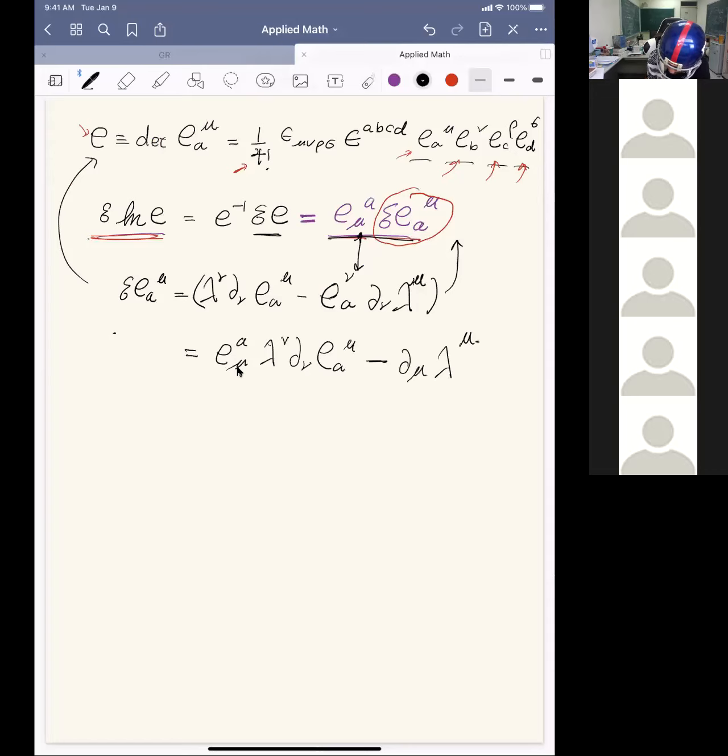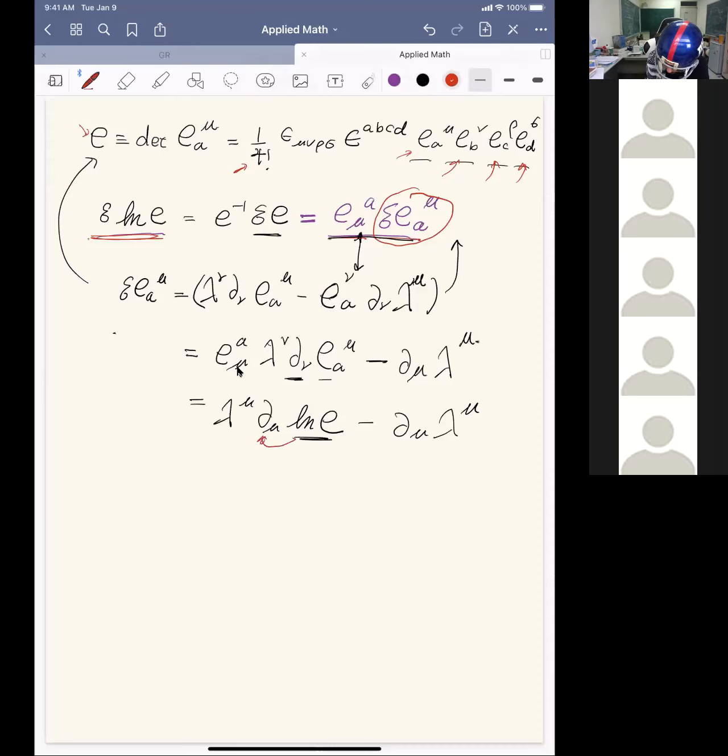Now this term is actually very similar to before. I claim that this term can be rewritten as λ^μ ∂_μ log E again, minus ∂_μ λ^μ.